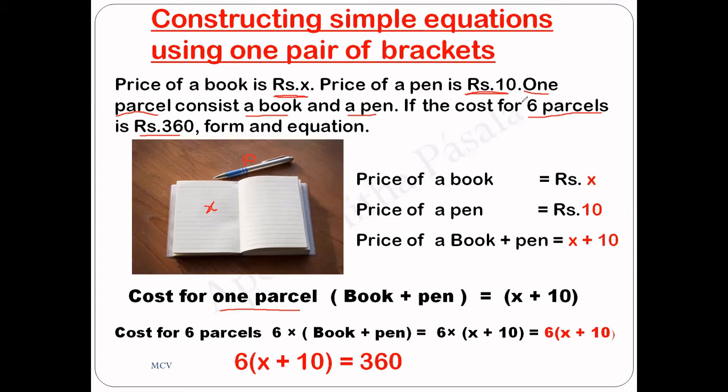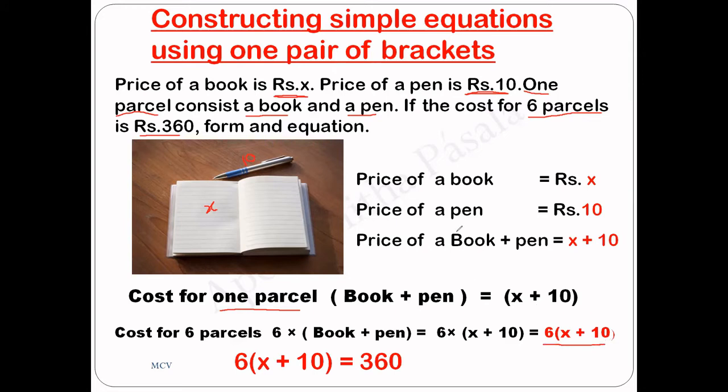So 6 times X plus 10 can be written as 6 brackets X plus 10. Simply you can write this way.